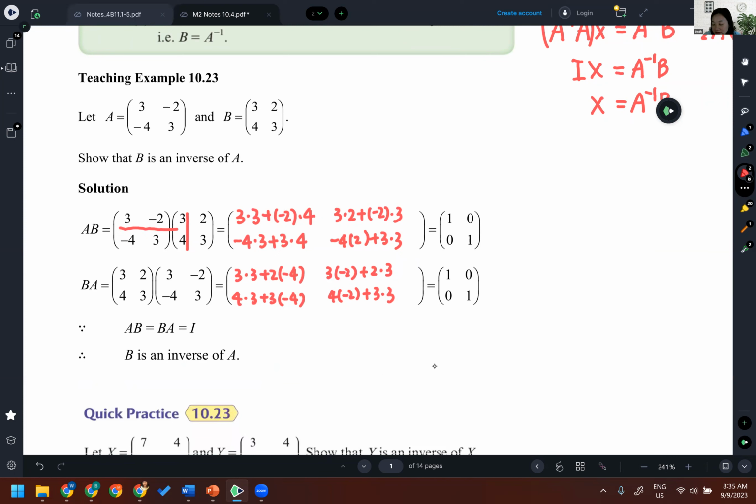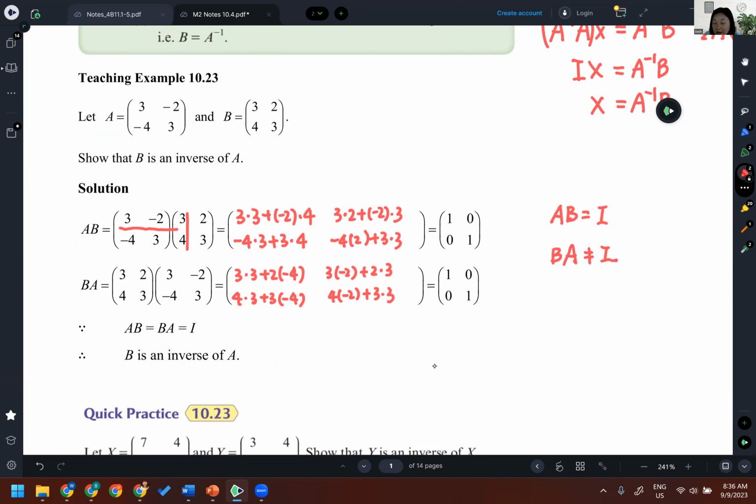Now here I want to mention something. I think it's quite advanced, but if you are interested, you can take a note. Some students are asking, if I found A times B equal I already, is it possible that B times A is not equal to I?